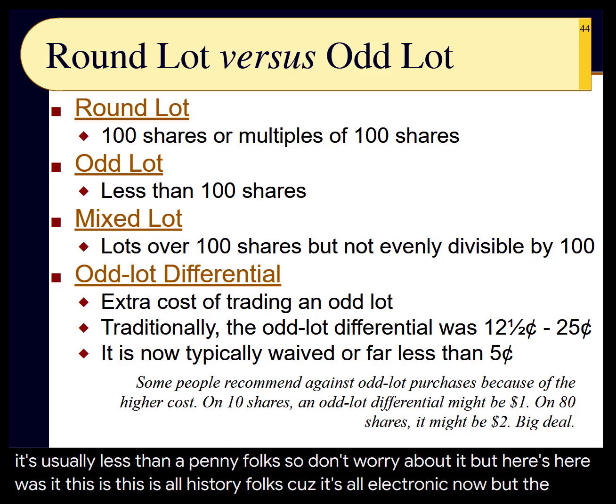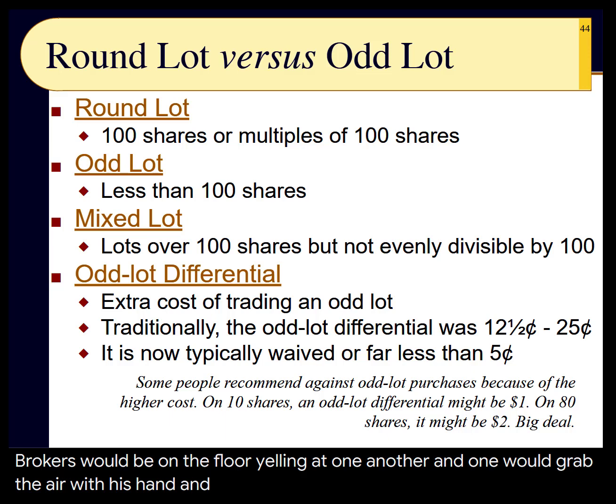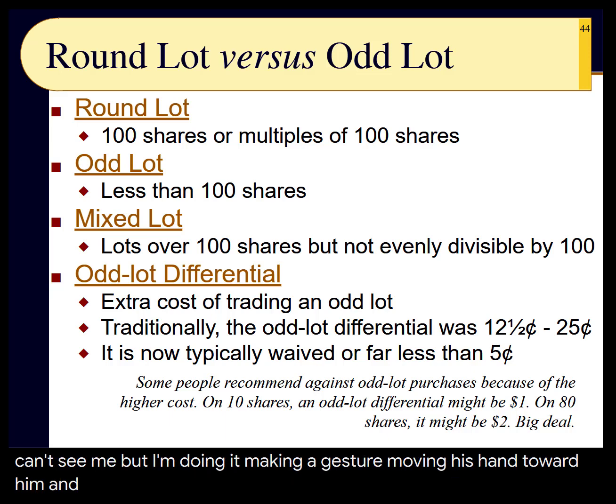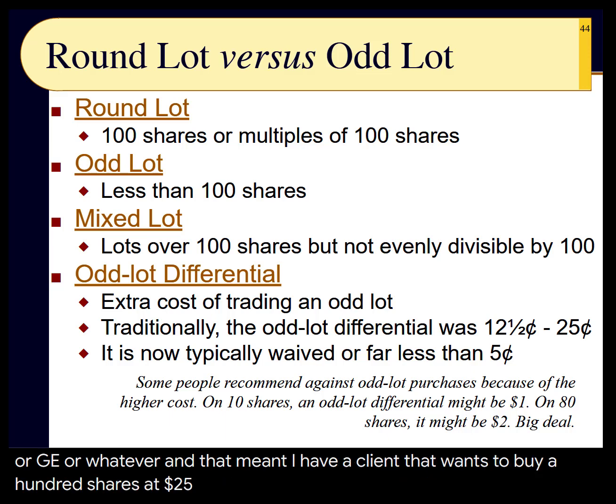But the two brokers would be on the floor yelling at one another, and one would grab the air with his hand and pull his hand toward him, making a gesture. You can't see me, but I'm doing it. Making a gesture, moving his hand toward him, and he'd say, 25. What did that mean? Well, they were in the pit for IBM or GE or whatever, and that meant I have a client that wants to buy 100 shares at $25 a share.